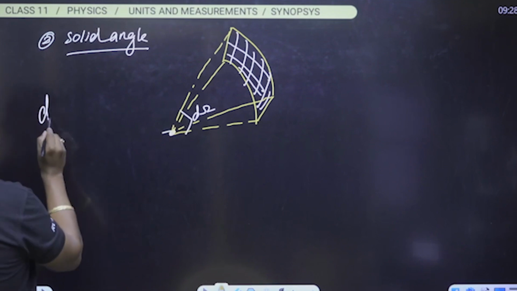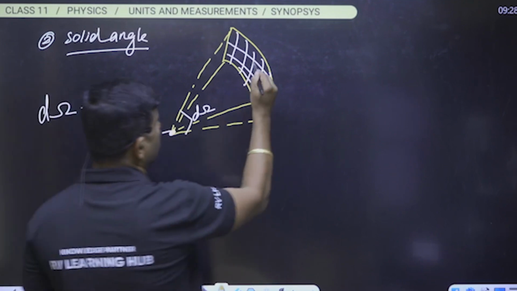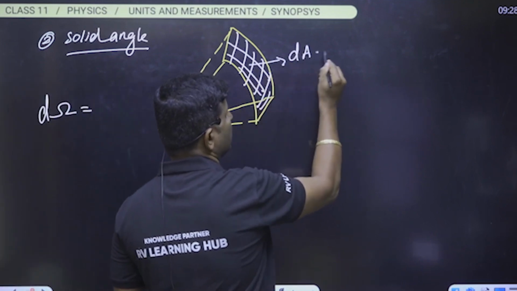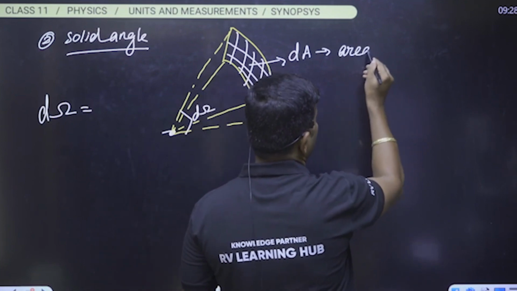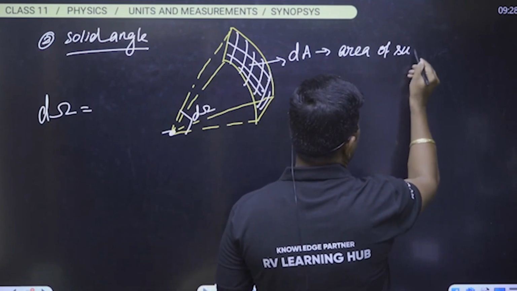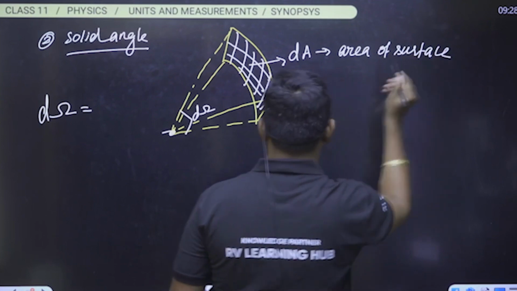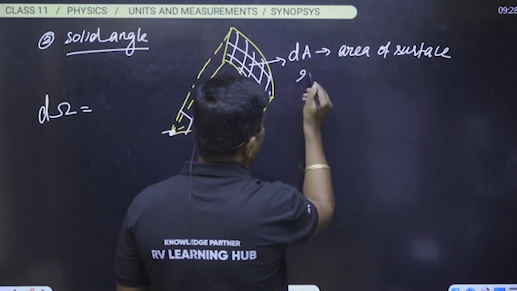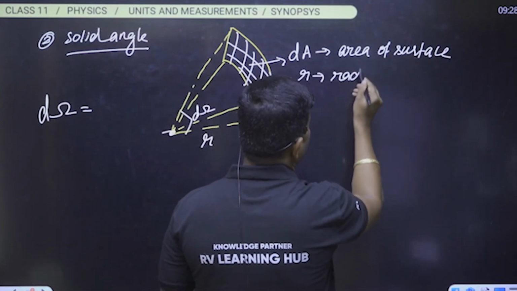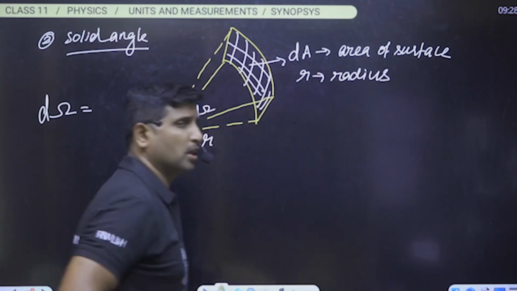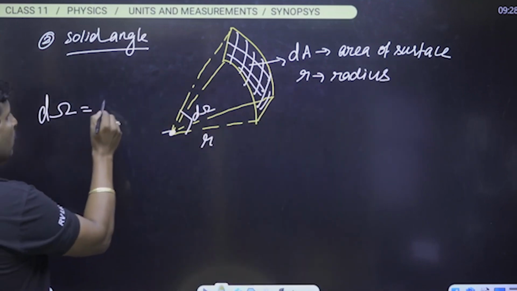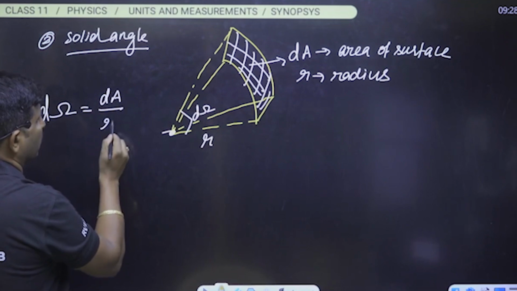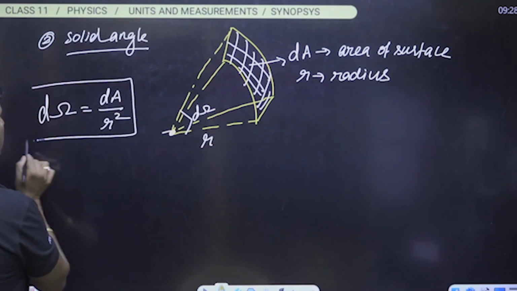And how can we measure this? See here, if dA, what is the dA called here? dA is nothing but area of the surface. R, what is R called here? R is the radius of the surface. Then we can write d omega is nothing but dA divided by r square.